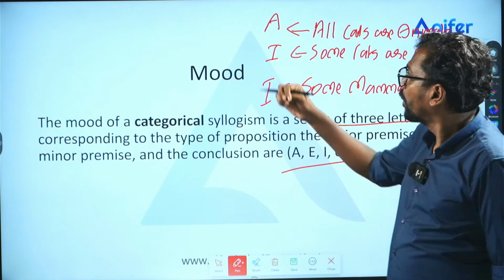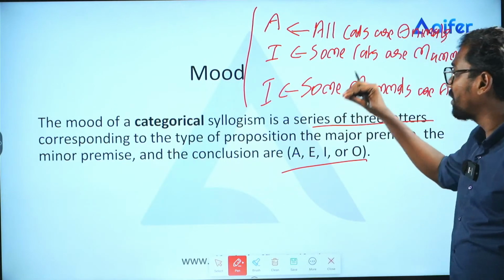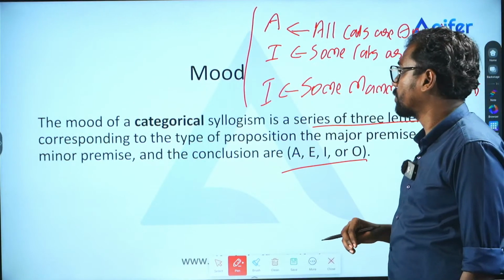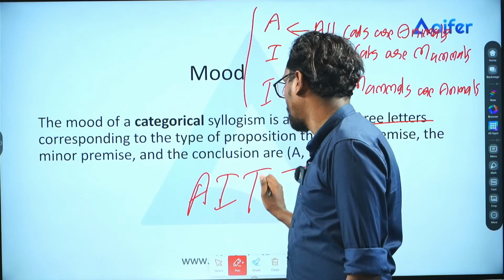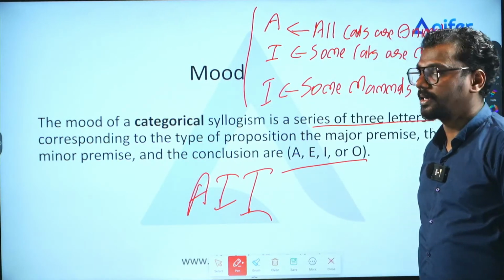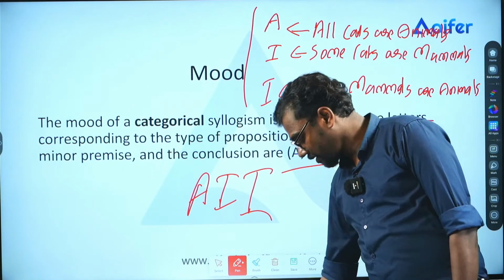What is a mood? We will be writing these 3 corresponding letters together. So for these 3 propositions, we will be having the mood as AII. Okay, AII will be the mood of this particular case. I hope it's clear.